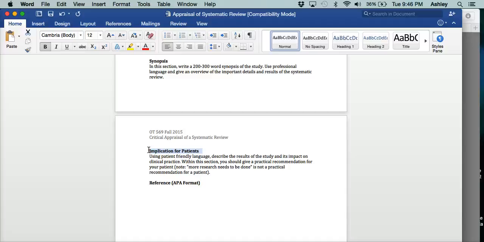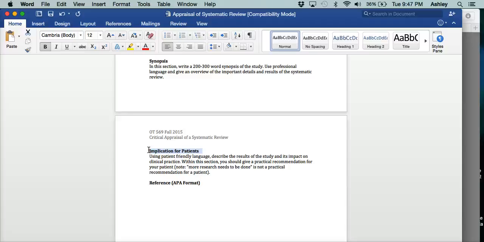Essentially what we're doing is we're taking this research and we're figuring out how to apply it to your clinical practice. As clinicians, having done the research, now how would you explain that to a patient? With that being said, make sure you're keeping it in terms that they can relate to and in a conversation that they can understand.